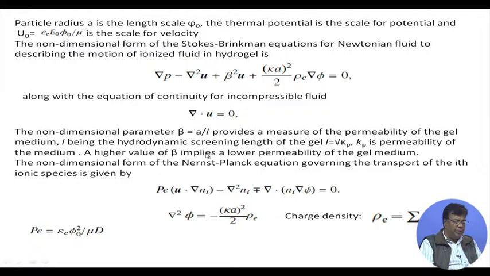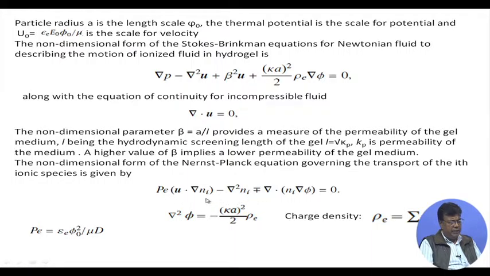So, a higher value of beta implies a lower permeability of the gel medium, because this is inverse. Now, the ion distribution within the electrolyte is governed by the Nernst-Planck equation.